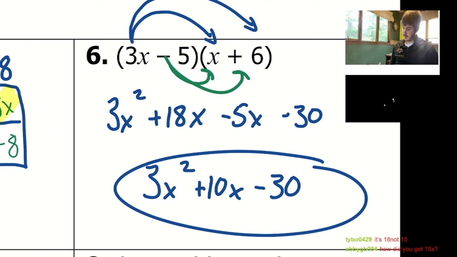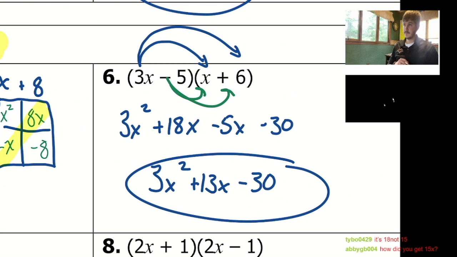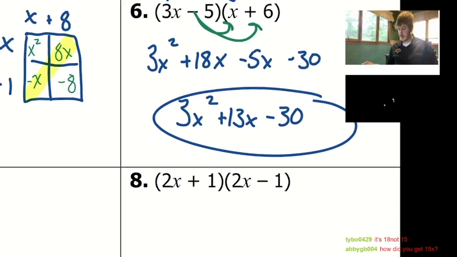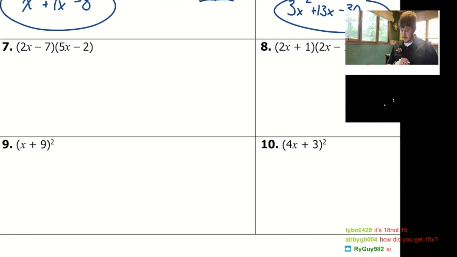So I would change it to 13. Thank you. Double check that. Is that better? I think so, right? Yeah, it looks good. Thank you for catching that. Now we'll keep on going.